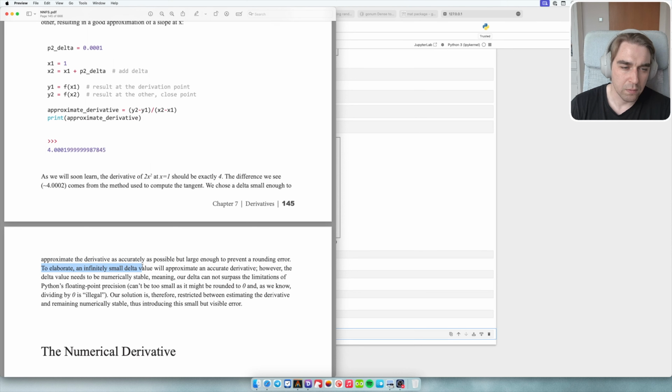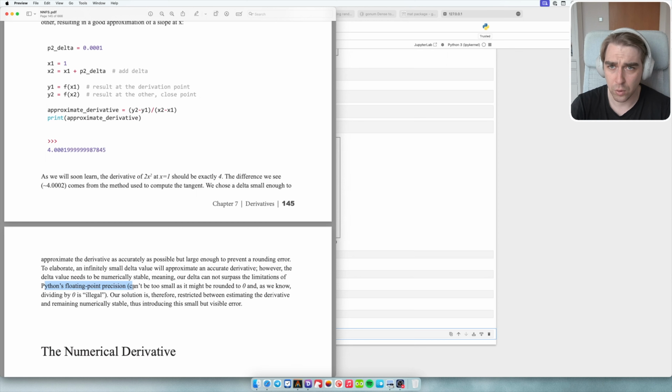To elaborate, an infinitely small delta value will approximate an accurate derivative. However, the delta value needs to be numerically stable, meaning our delta cannot exceed the limitations of Python's floating point precision. It's the same for other languages, and it's based on the floating point type that you're using.